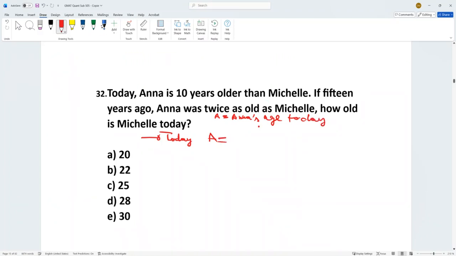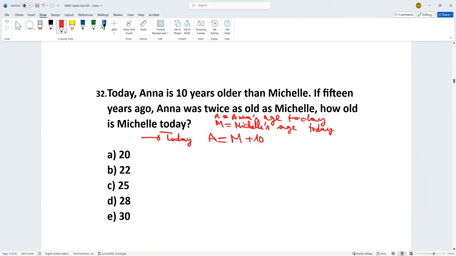And it says that Anna is 10 years older than Michelle. So it's equal to M plus 10. And M is Michelle's age today. Okay.